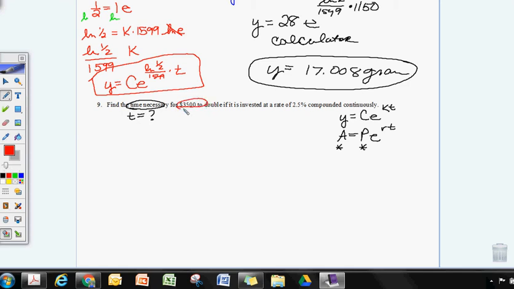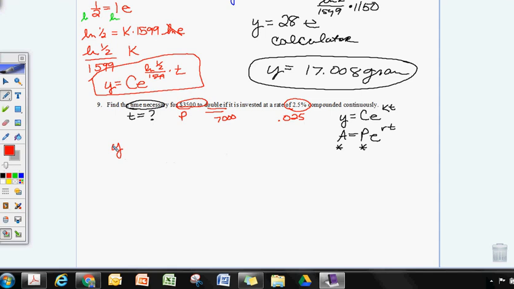For $3,500, that's my principal. To double, so my ending would be 7,000. If it's invested at a rate, and remember that's 0.025 when I change it into decimal form.